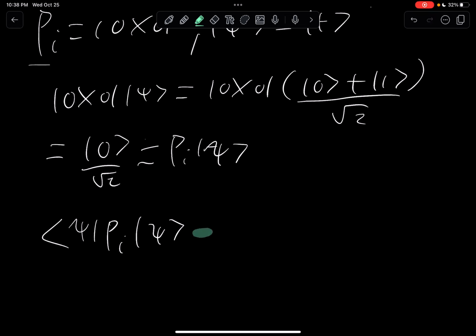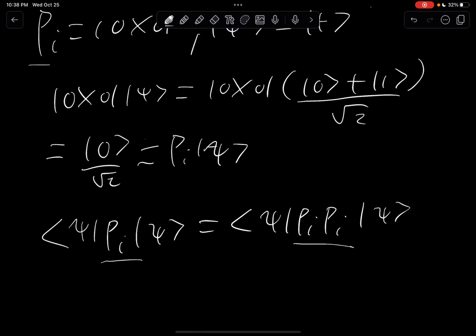Well, note that I can now make use of this projector property. So I can just add for free a pi here, right, because this was really the same thing as applying it once. Okay.